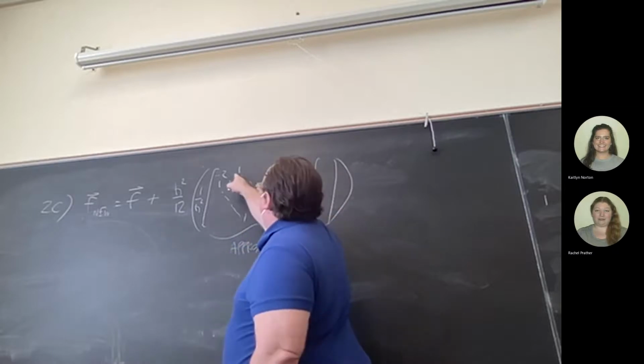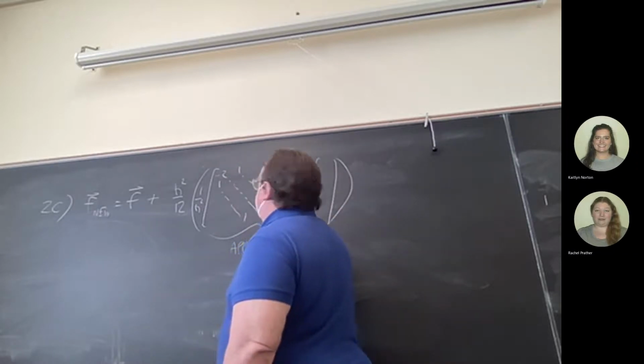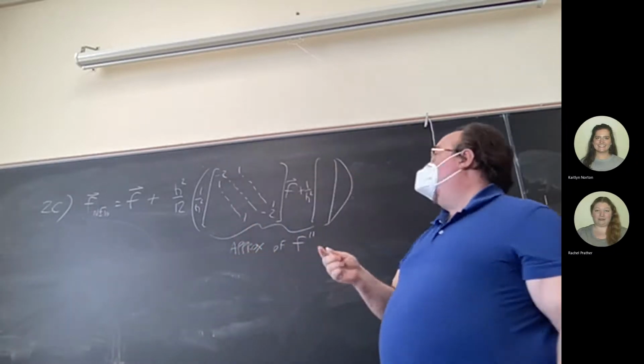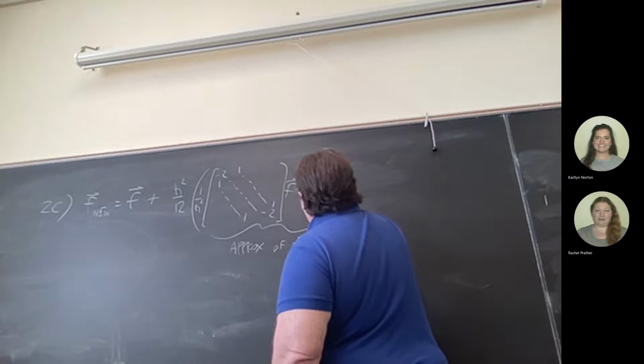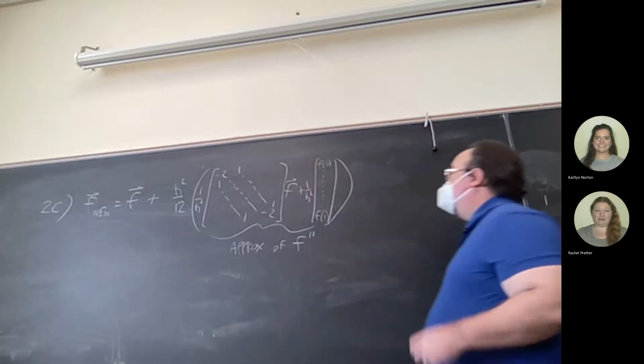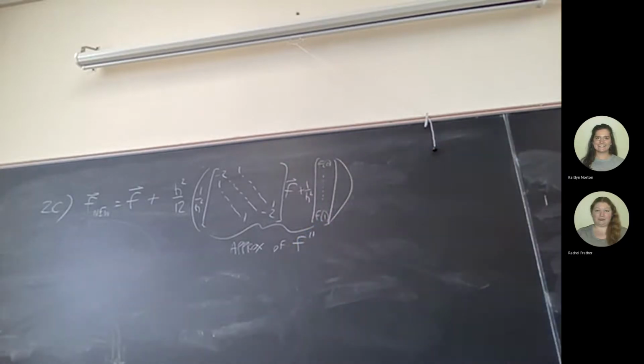And the coefficient of boundary values will be 1 over h squared. Then you need F of 0 for the first element of this vector, this boundary correction vector, and then F of 1 for the last element.